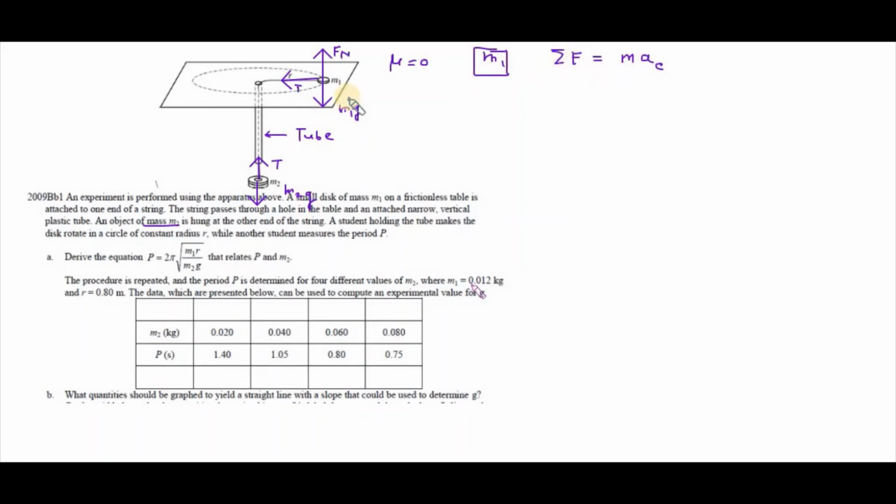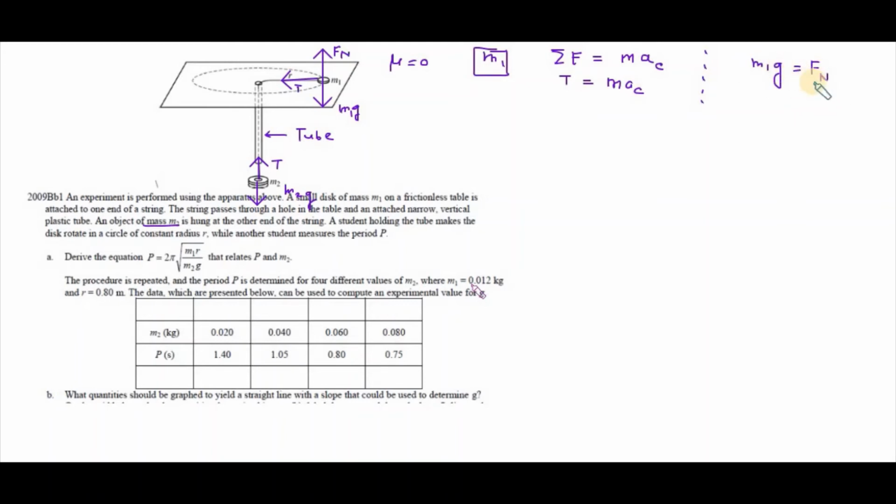And what is the net force exerted? The net force exerted along the horizontal direction is the tension. This tension is going to provide the centripetal force here. The rest of the forces, the gravitational force m1g downward and the normal reaction Fn upward, are balancing each other.